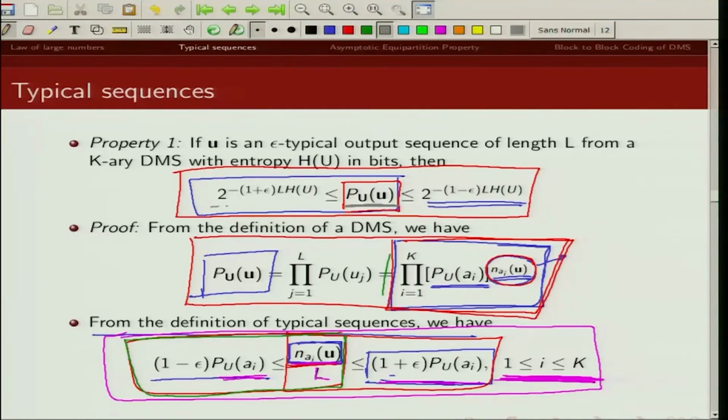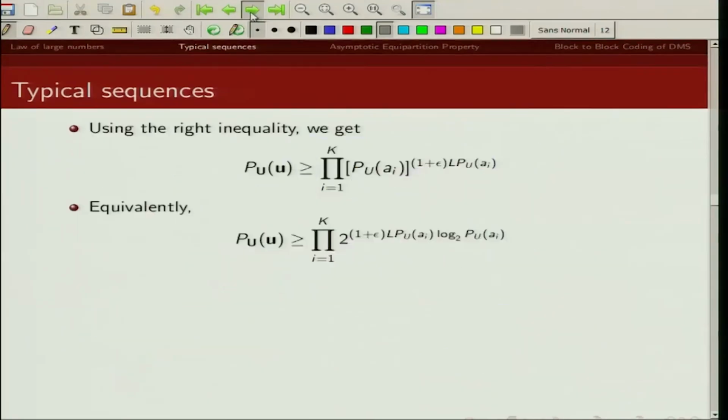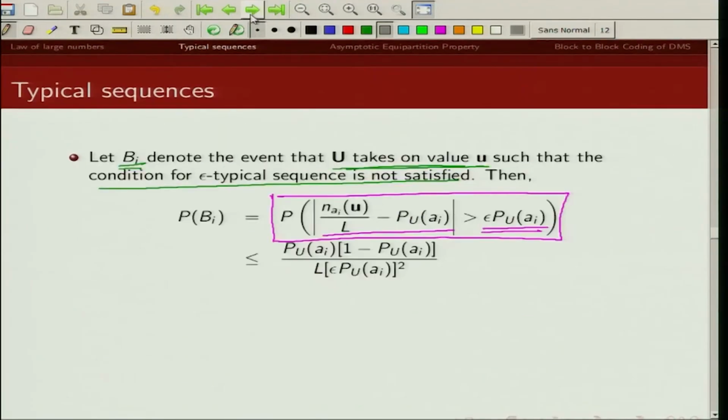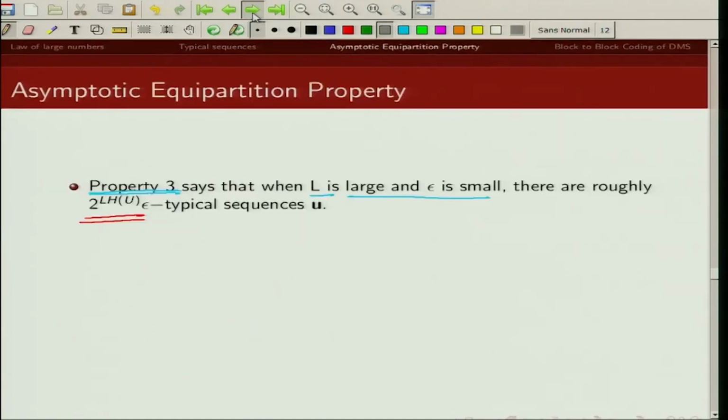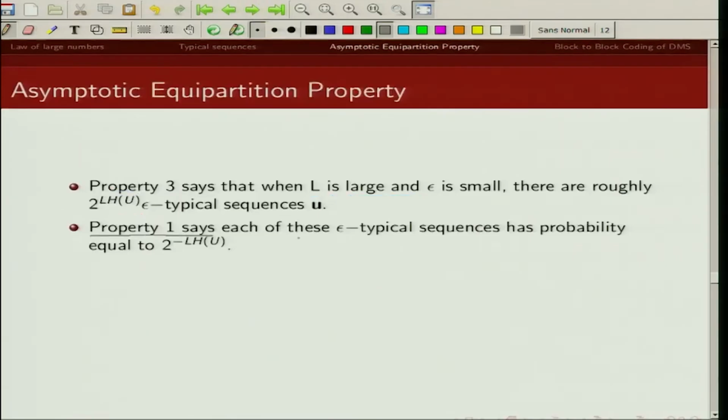Now, if you let epsilon be very small and L very large, you can see this probability of occurrence of a typical sequence is roughly 2 raised to the power minus L H(U). So property 1 says that there are this many epsilon typical sequences, and each of them occurs with probability 2 raised to the power minus L H(U).